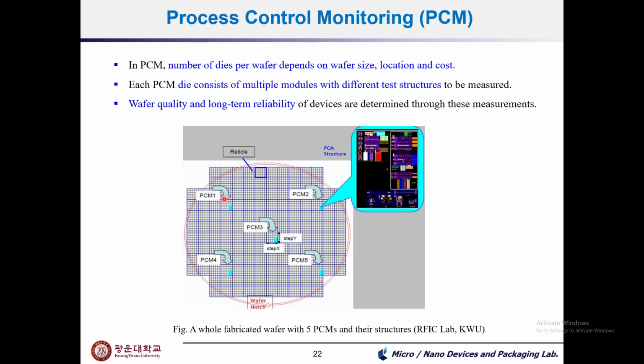In PCM, the number of dies per wafer depends upon the wafer size, the location and the cost. Each PCM die consists of multiple modules with different test structures to be measured. The wafer quality and the long-term reliability of this device are determined through these measurements.